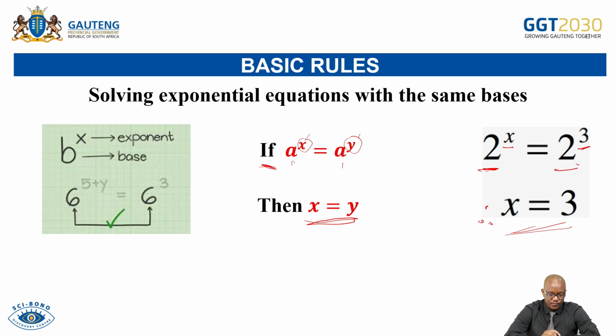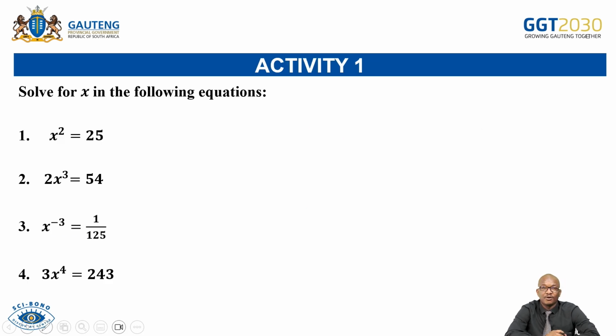Remember, we call this thing a power, but you must understand that the base is what is carrying the exponent, correct? Now, looking at activity number 1, remember all the time that we're dealing with this when we are solving for x.